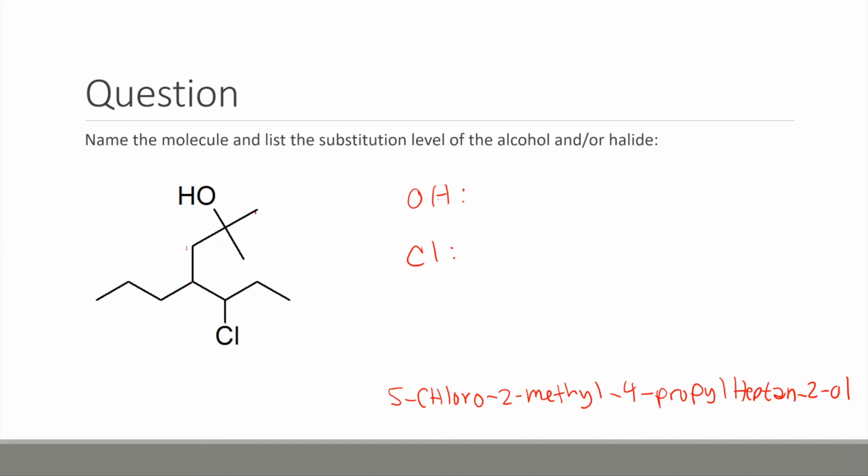Okay, so now to figure out the substitution level, this OH, its carbon right here is bonded to 1, 2, 3 other carbons. So it is a tertiary alcohol. And this chlorine, its carbon is bound to 2 other carbons, so it is a secondary halide.